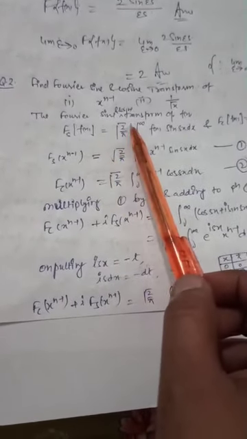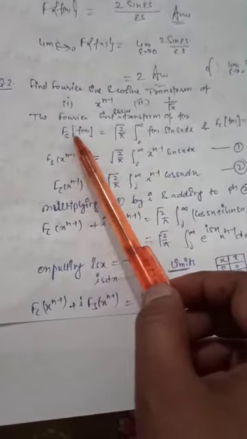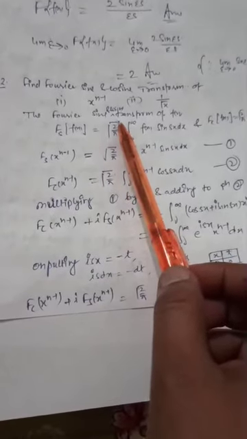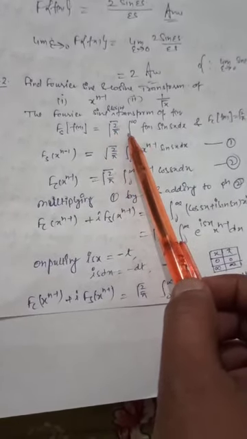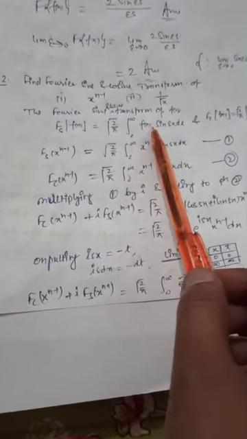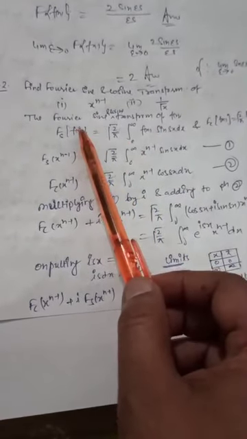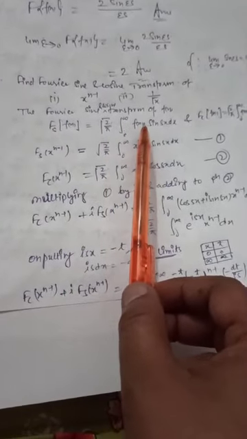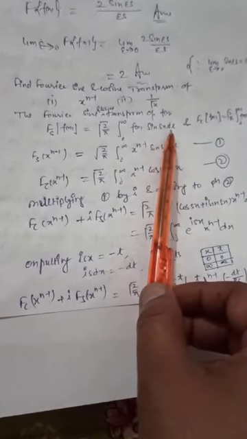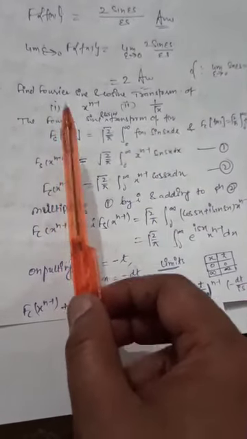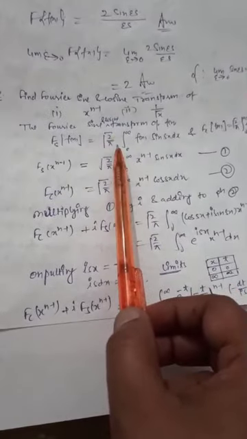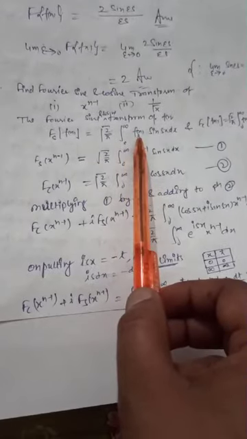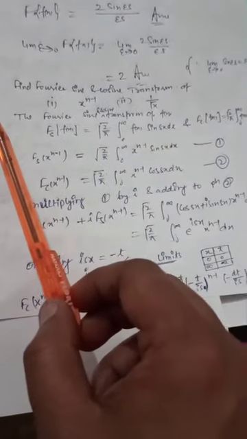In some books, the under root 2 upon pi is not there, because some books put under root 2 upon pi with both the Fourier sine transform and the Fourier sine inverse transform. In some books the Fourier sine transform is directly the integral from 0 to infinity of f(x) sin sx dx, and the Fourier sine inverse transform has just 2 upon pi, not under root 2 upon pi, integral from 0 to infinity of F(s) sin sx ds.